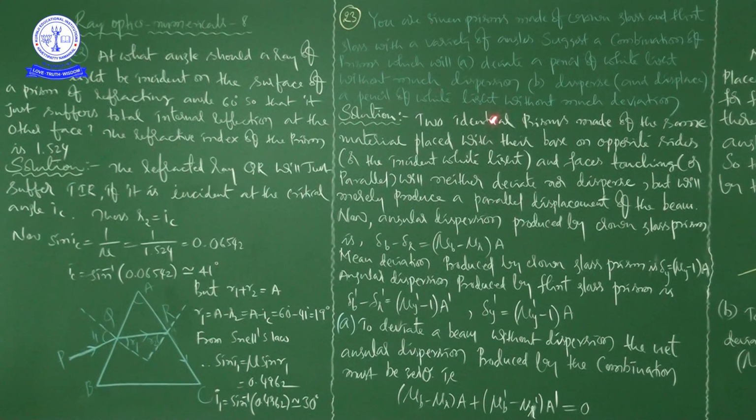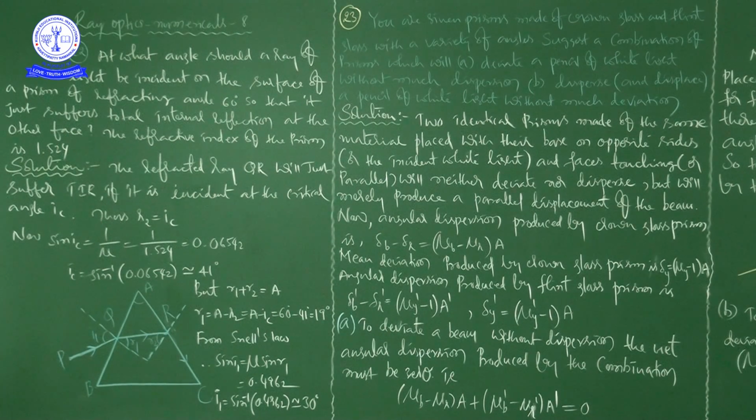Suggest a combination of prisms which will A, deviate a pencil of white light without much dispersion, B, disperse a pencil of white light without much deviation.